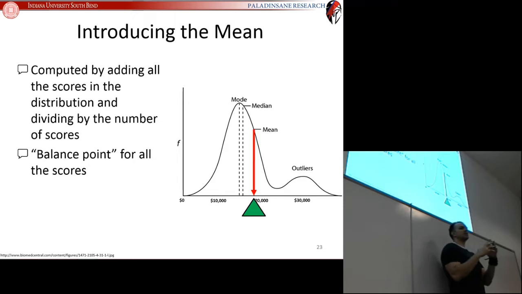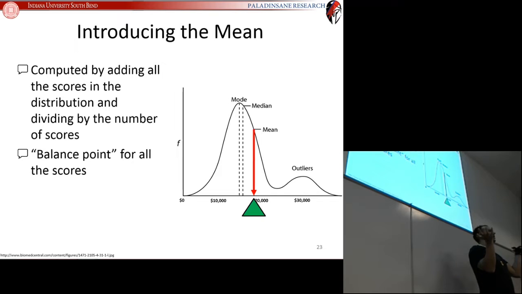One of the reasons that the mean is used so often is because it uses the most information from your distribution. It takes in the most information from your distribution to figure out what is that central tendency, what is that balance point. Because what it does is it takes the amount on each side, and it also takes the distance on each side from that balance point. So if you had 2 weights in your hand, and they're exactly the same, you could balance yourself like this.